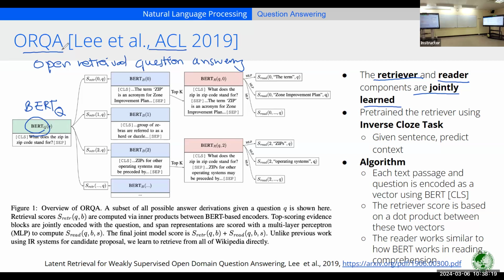So there's one question. When you send this question to the BERT, you get the final hidden state, right? But he said that he's very afraid that the final hidden states may not contain all the information.